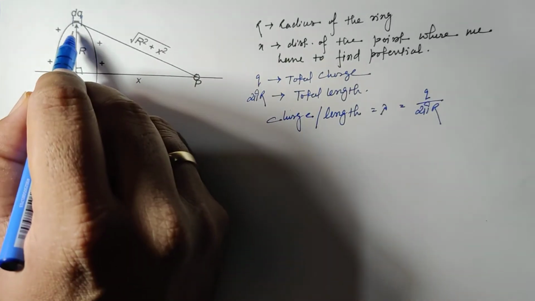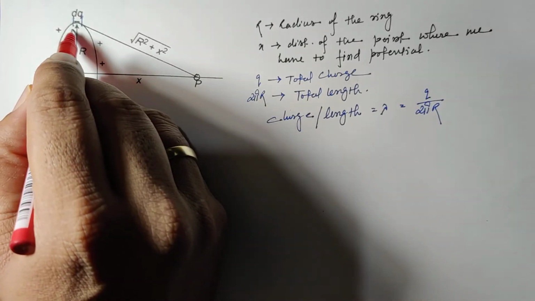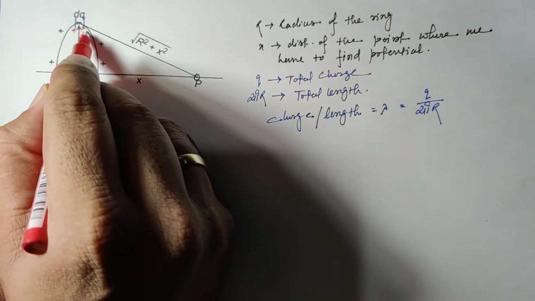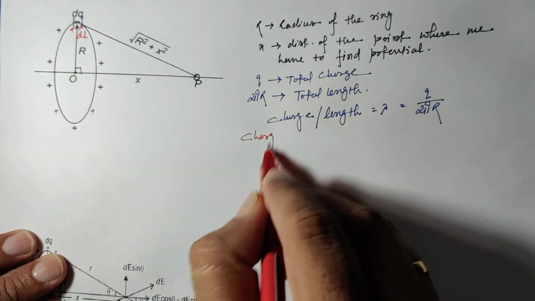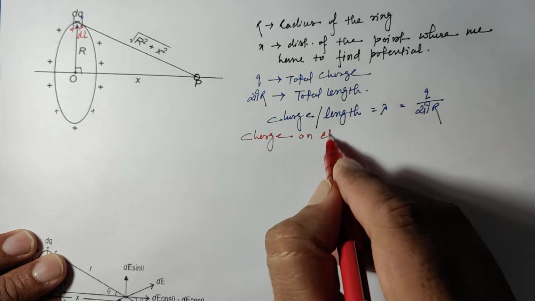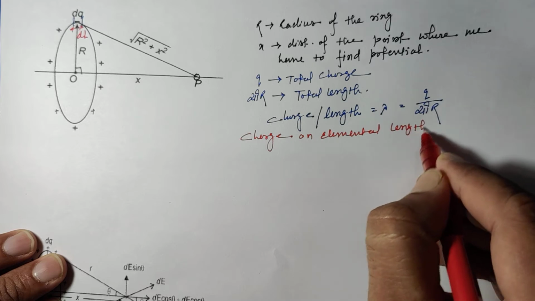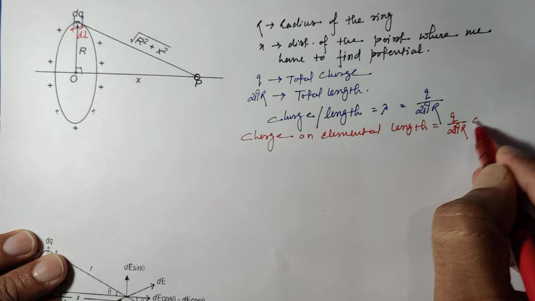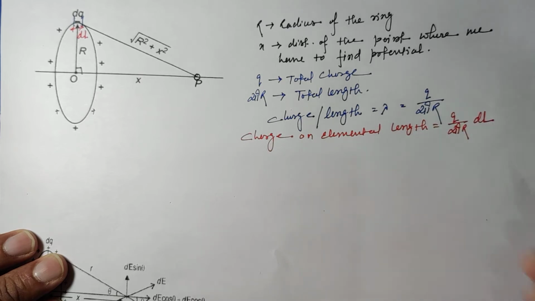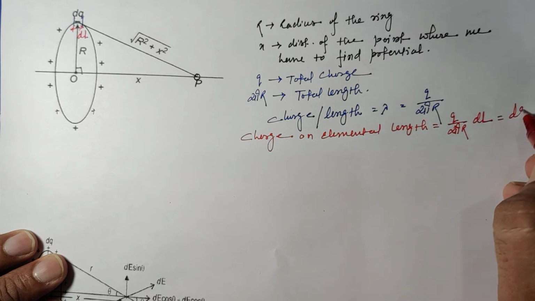So if we consider an elemental length dl at this point, then definitely the charge on the elemental length will be Q by 2 pi R. This is the charge on unit length, so the charge on dl length will be Q by 2 pi R into dl, and say this small charge is dq.